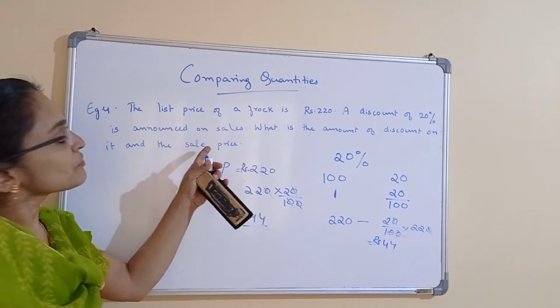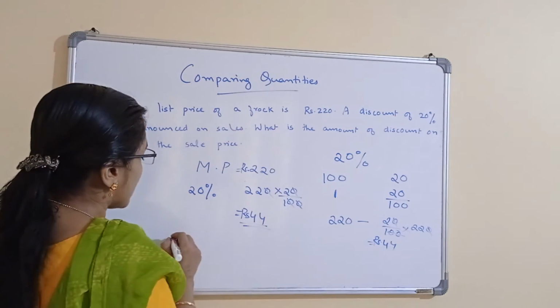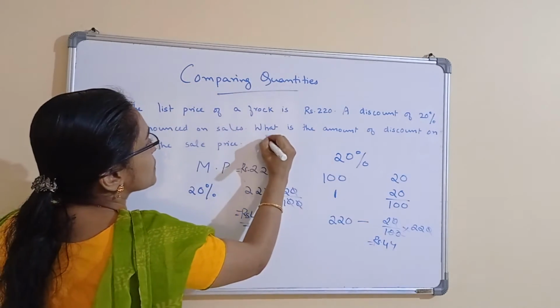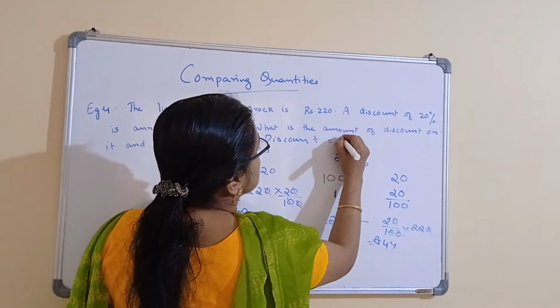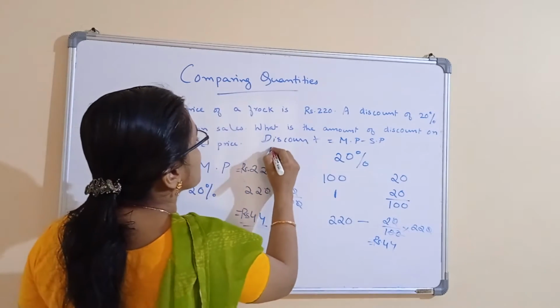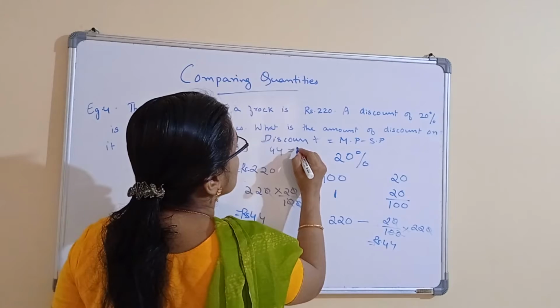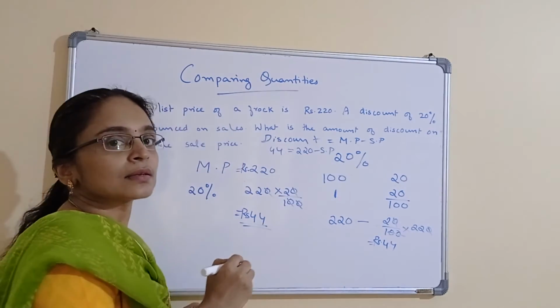44 rupees is the discount. Now, we have to find the sale price. That is the selling price. And we know that discount is equal to marked price minus selling price. We know that discount is equal to 44. So 44 equal to 220 minus selling price. Right?